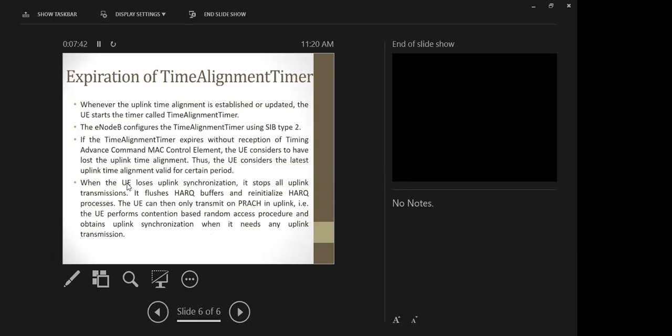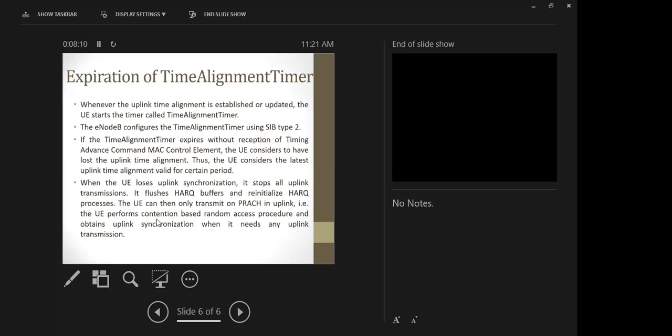So after you lose the uplink synchronization, the UE can only transmit for random access. Like for the first case I mentioned, when you don't have any prior data session and you want to establish from your end, you send a few bits. That's how you begin. That's called random access.